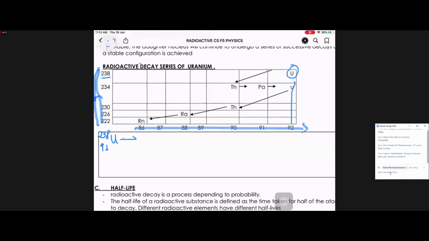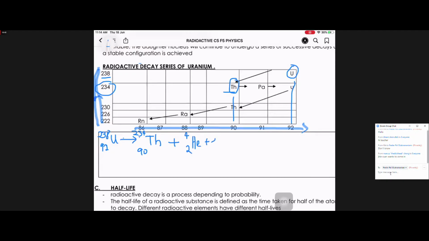Then the decay arrow shows it's forming thorium. See the nucleon number of thorium, 234. Then see the proton number, 90. So now plus, definitely it's going to be 238 minus 234, 4. 92 minus 90, 2, alpha.